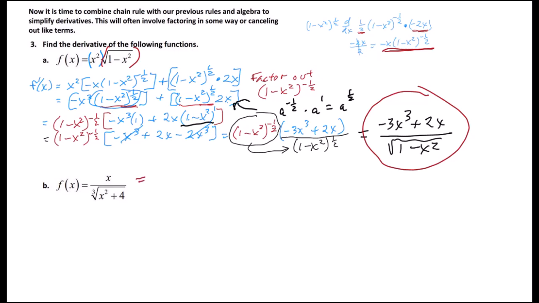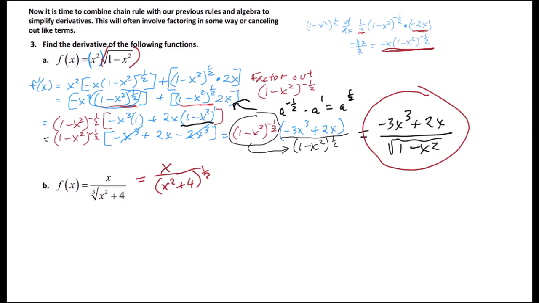Alright, so let's rewrite this as x over, oh man, I've got the cube root of something here, so I've got x squared plus 4 to the 1/3 power. How's the quotient rule work?